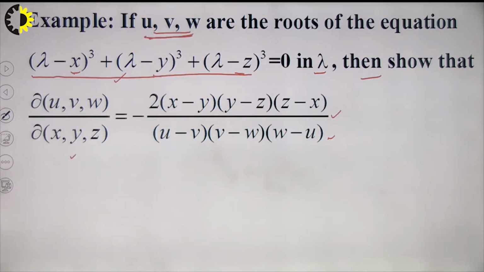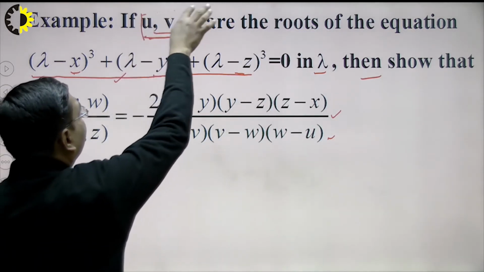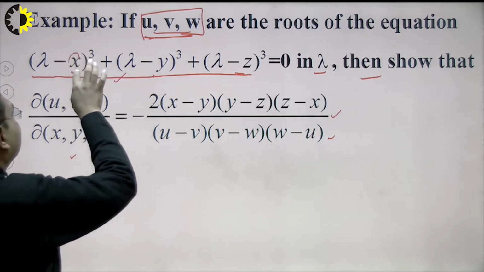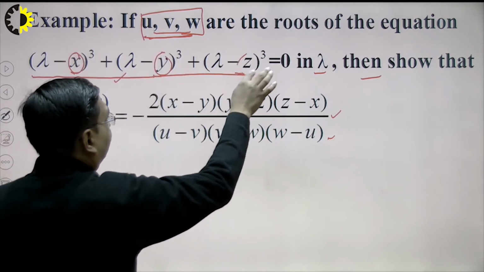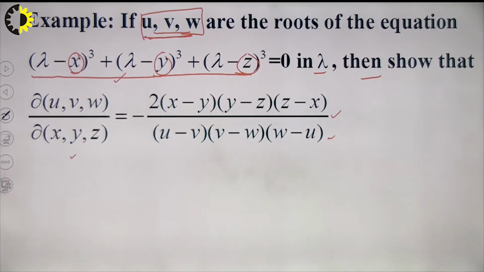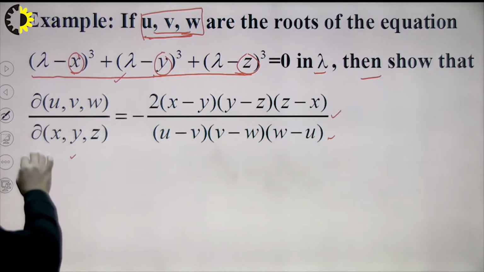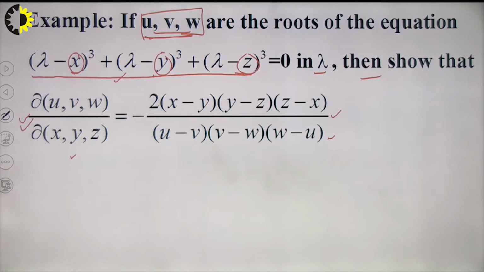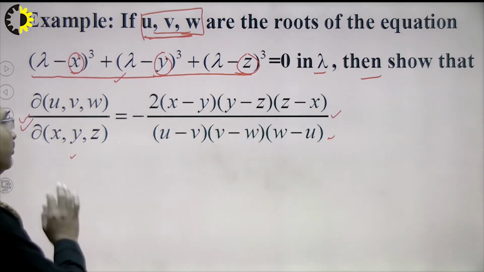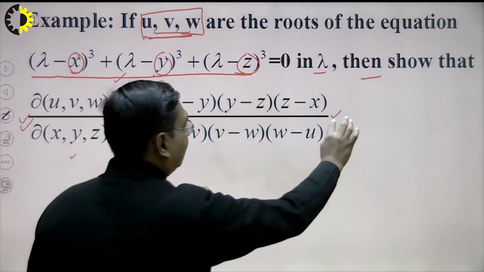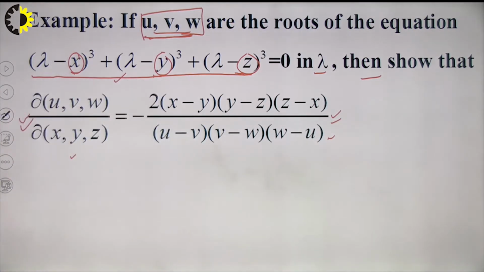Thus we can say that these u, v and w are functions of x, y and z. Therefore we can think of this Jacobian ∂(u,v,w)/∂(x,y,z), and we are supposed to prove that this Jacobian is this expression.